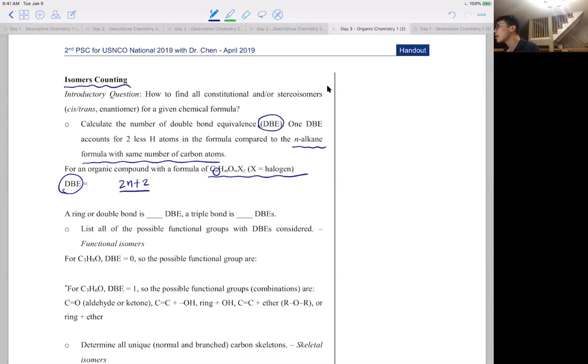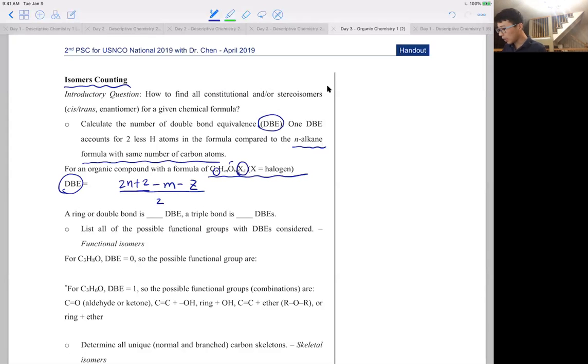Because this is the number of hydrogens when it's saturated. So we use this minus the hydrogens we have right now, minus the halogens we have right now. Why? Because the halogens are always replacing the hydrogens, right? And then divided by 2.